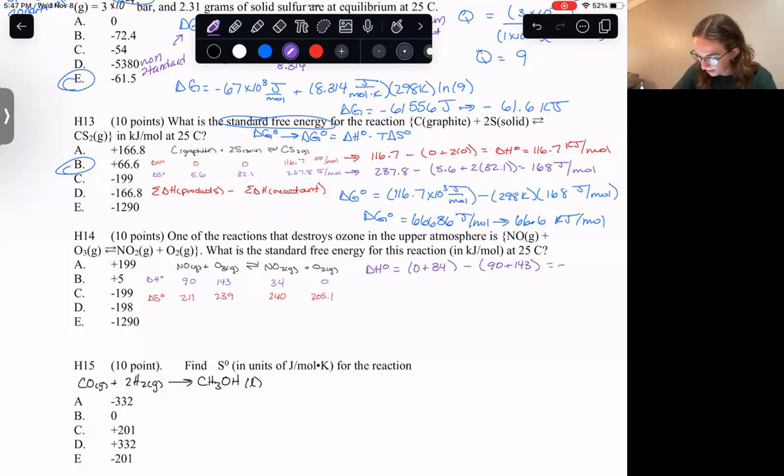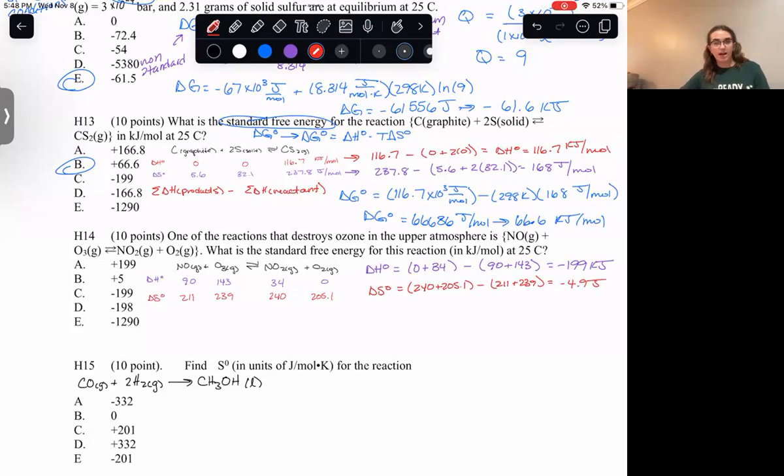So this ends up as negative 199 kilojoules. And then delta S, again, same thing. And we end up with negative 4.9.